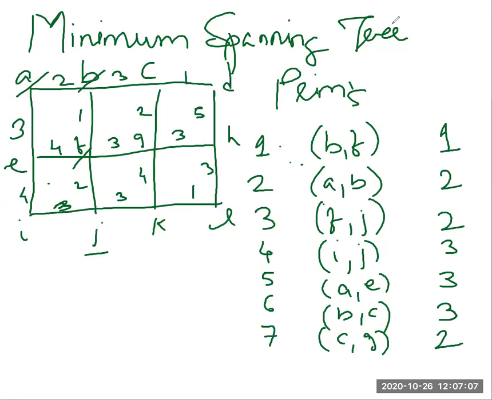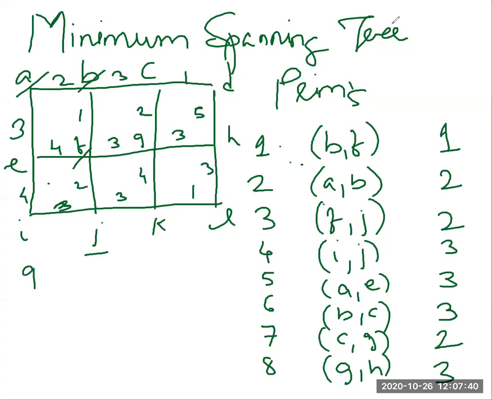So we cannot consider F to G. Now we can consider G to H, or J to K. Let's consider the edge G to H, and the weight is 3.